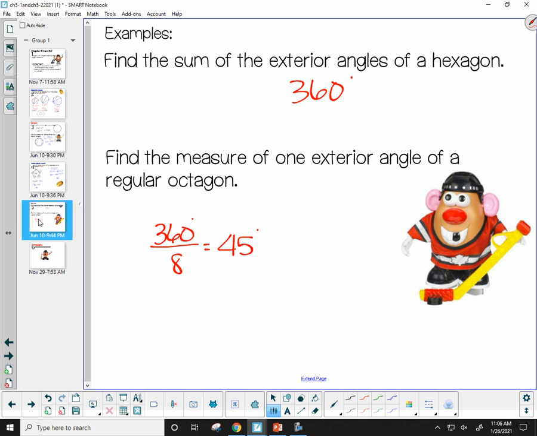But a lot of times, especially with regular polygons, it's easier to think about the exterior than the interior, because you're only taking 360 divided by the number of sides. If that's my exterior, that means this is 45. My interior with the exterior is a linear pair, so then you can subtract and get 135.